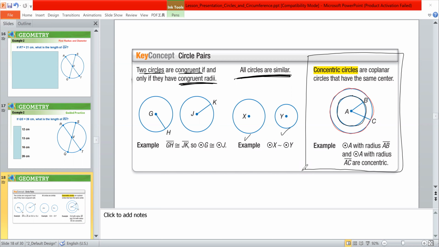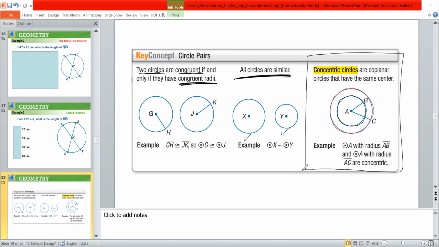Okay. What about Shari? I have just one question. Okay, Muhammad. About the concentric circles, are there rules, like maybe the bigger circle has a relationship with the smaller circle?